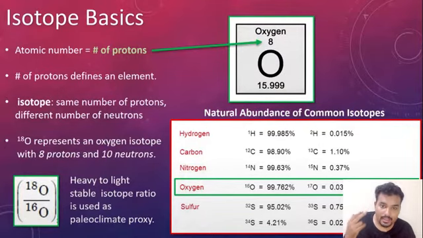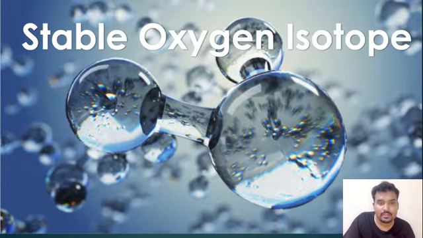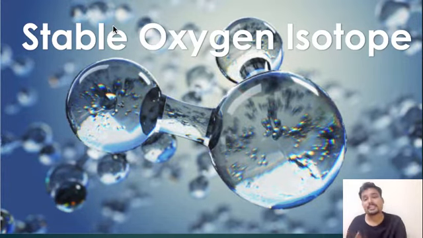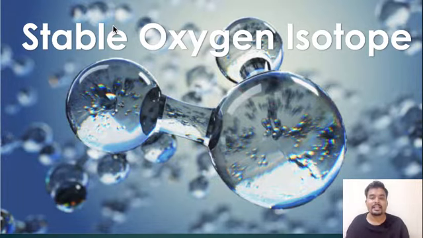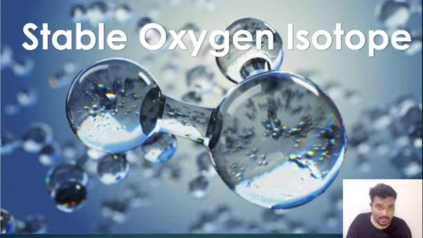Okay, now here you can also notice that it is a stable isotope. What does stable mean? So stable means it is neither producing any alpha, beta, gamma rays, nor is it turning into some other element with time. There are unstable elements which are generally radioactive and can be radiogenic also. So what is a radioactive element?